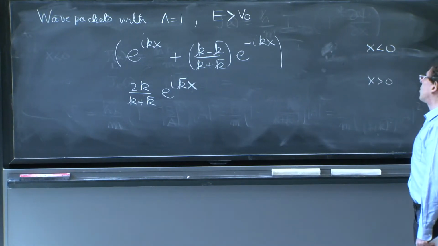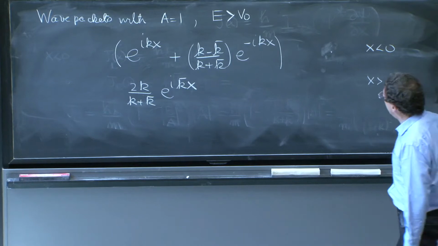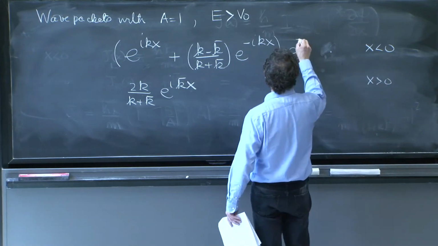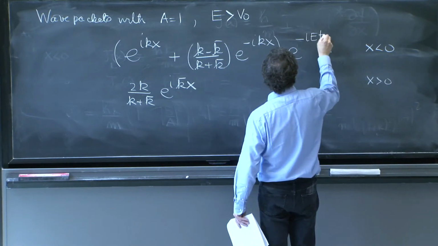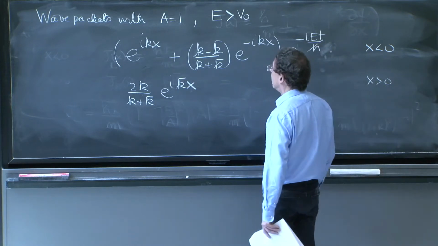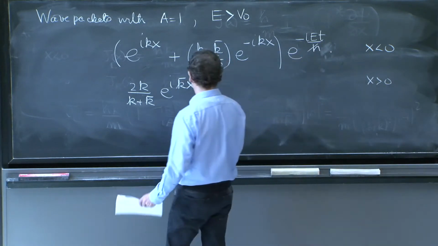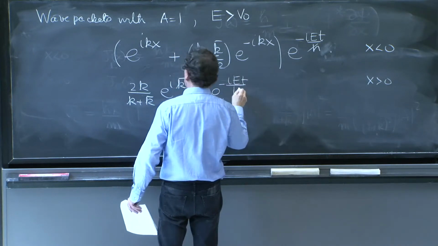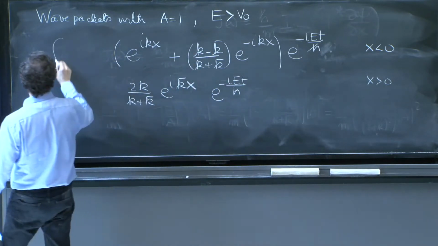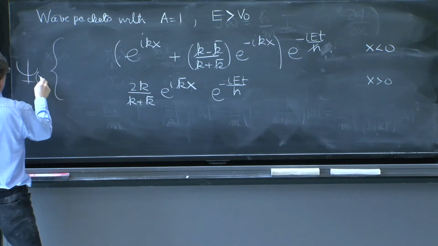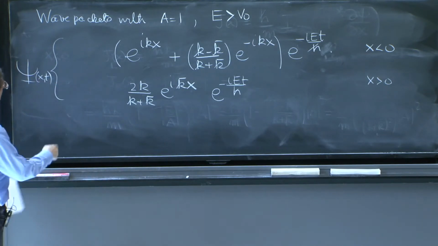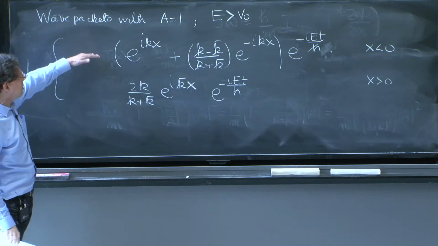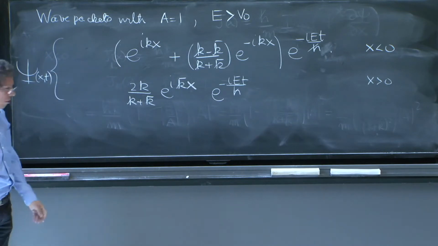What do I need to make it a solution of the full Schrödinger equation? I need e to the minus i Et over h bar, and I need it here as well. And this is a psi now of x and t. There are two options, for x less than 0 and x greater than 0, and those are solutions.